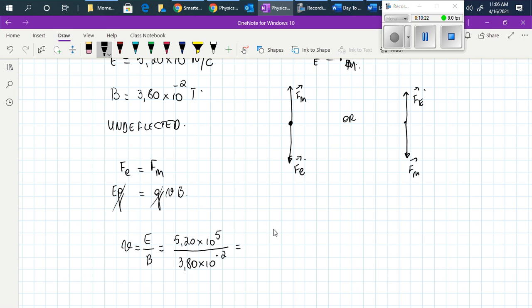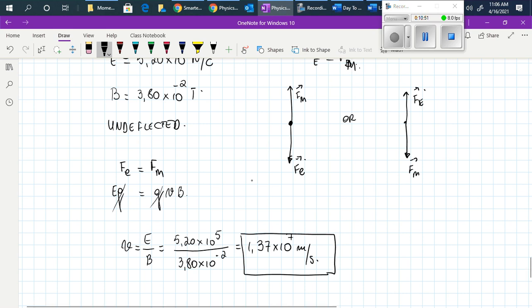When you enter this in your calculator, 10 to the power of 5 divided by 3.8 times 10 to the power of negative 2, it is 1.37 times 10 to the power of 7 meters per second. So this is the velocity of the electron.